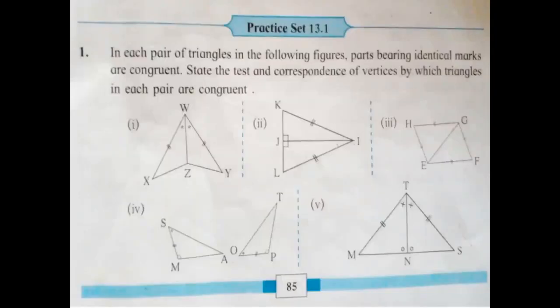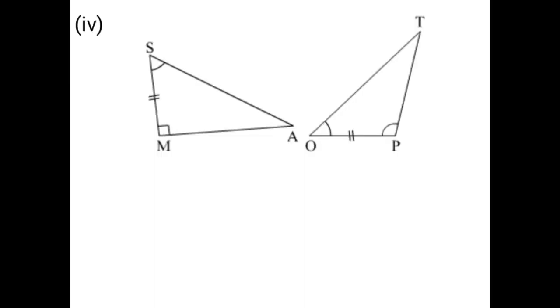corresponds to FGE. Next, two triangles are separate, that is triangle SMA and triangle OPT. In triangle SMA and triangle OPT, angle S is congruent to angle O. After angle S is congruent to angle O, then sides are congruent. Side SM is congruent to side OP.